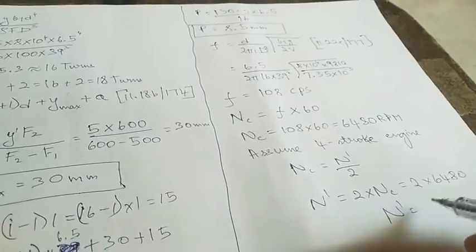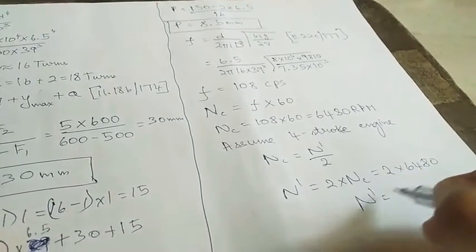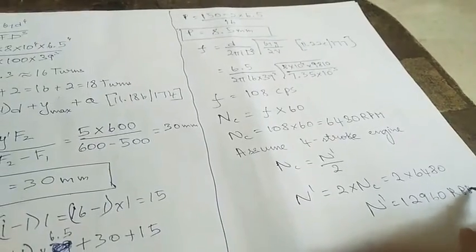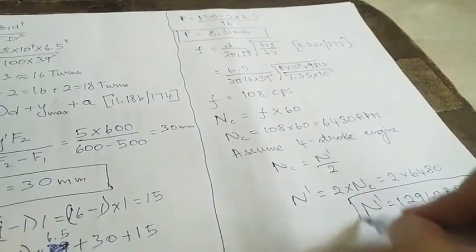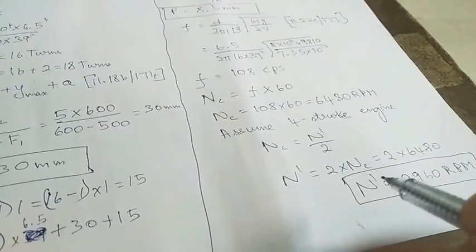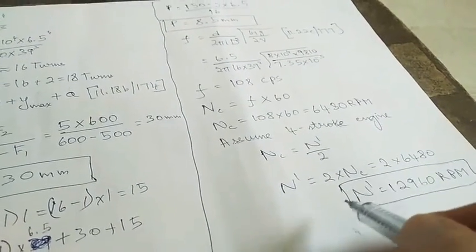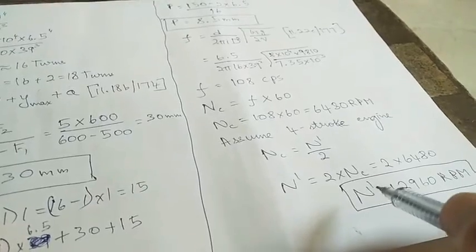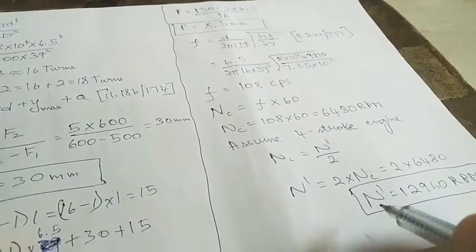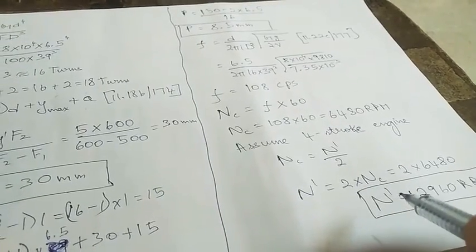So the value of N dash we get is 12960. So at this speed the automobile engine will resonate. That is what we have calculated. If you have any doubts, you can ask me, you can call me, or you can message me.